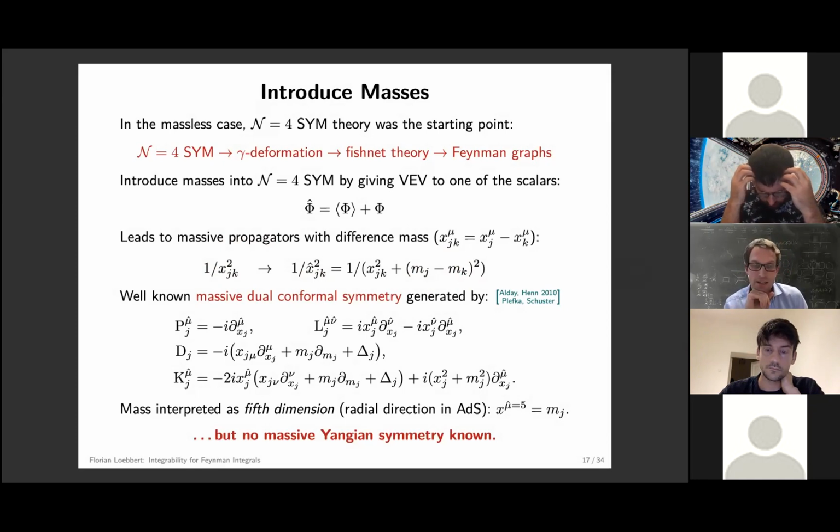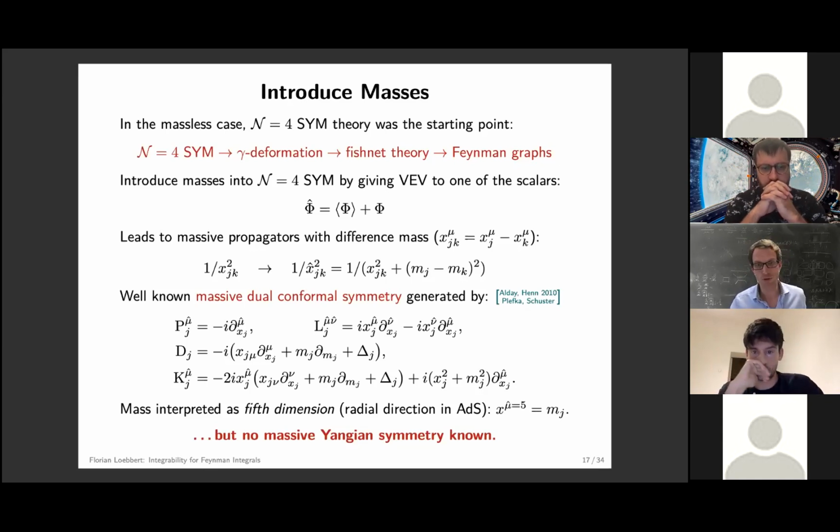The resulting scattering amplitudes of Feynman integrals are known to have a massive extension, or this 5-dimensional extension of dual conformal symmetry, which is generated by this straightforward 5-dimensional generalization of the generators.